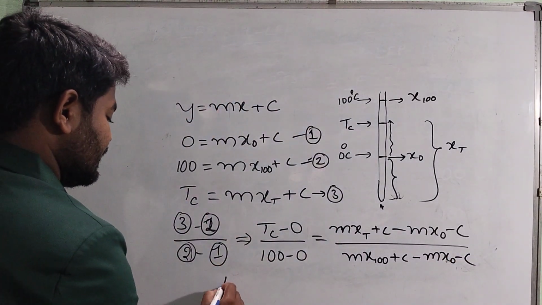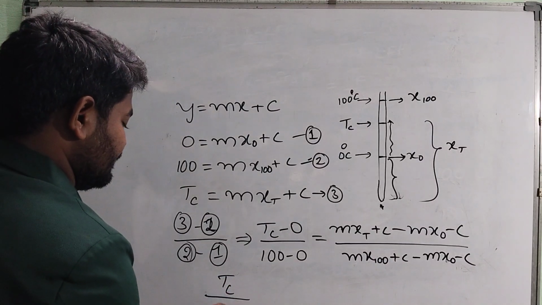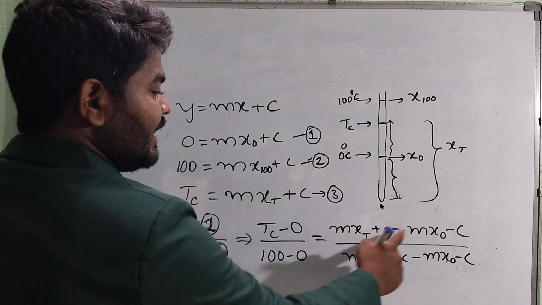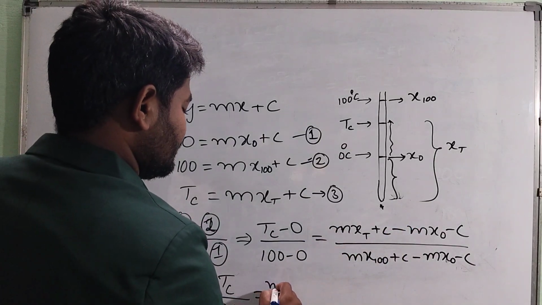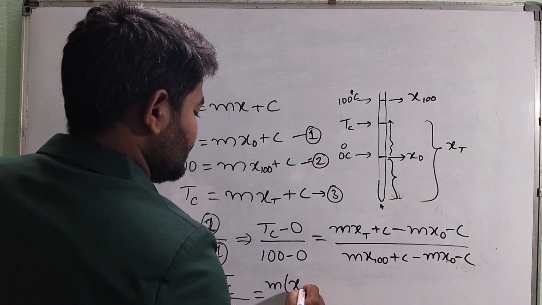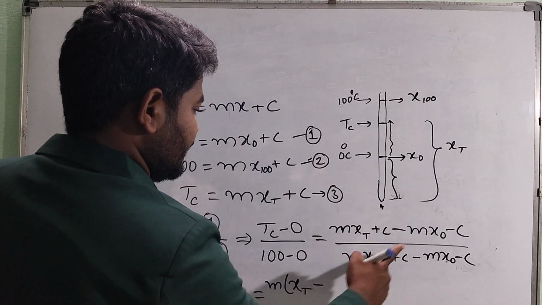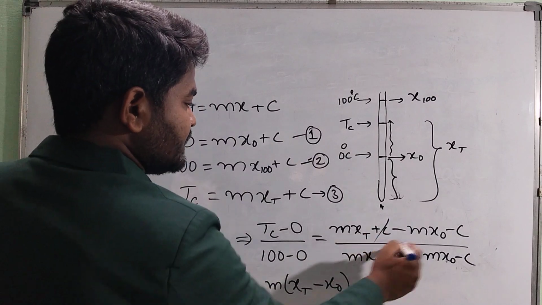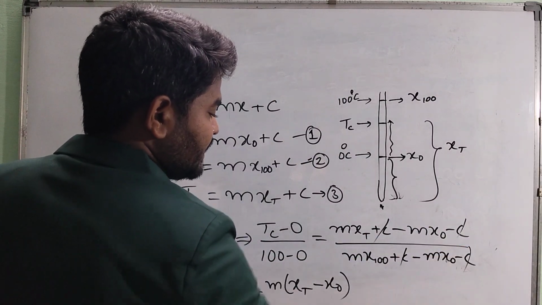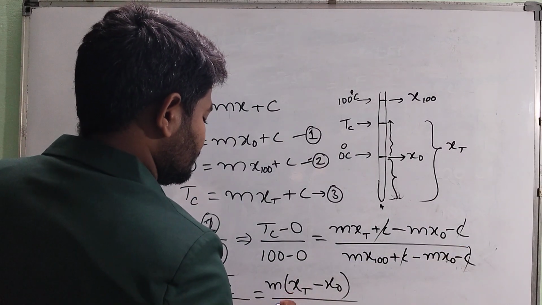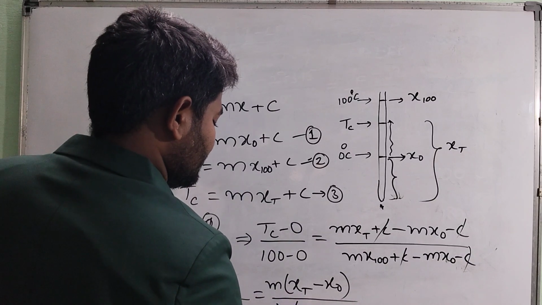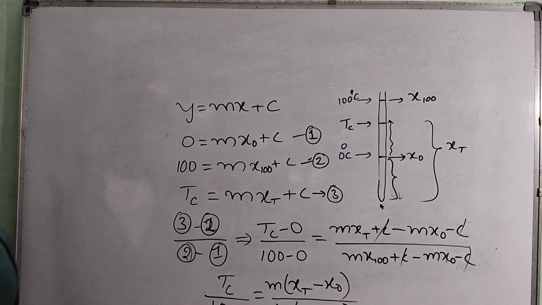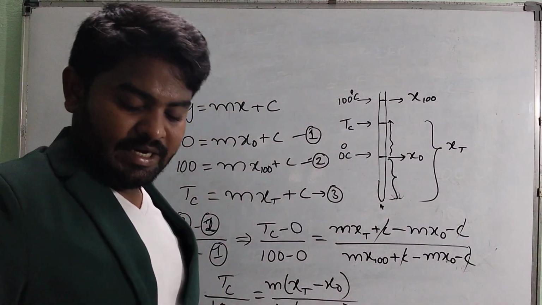So Tc by 100 equals, taking m as common, xt minus x0, where plus c minus c cancels, and downwards also, by x100 minus x0. I hope you understand this, right?